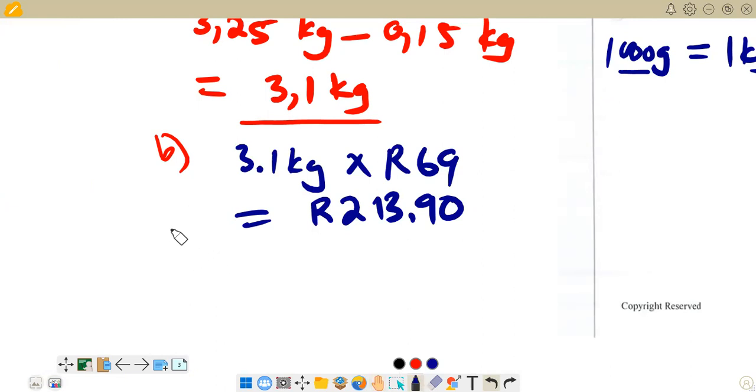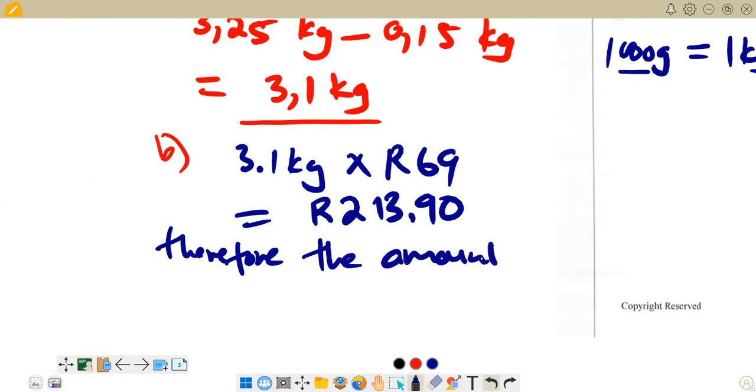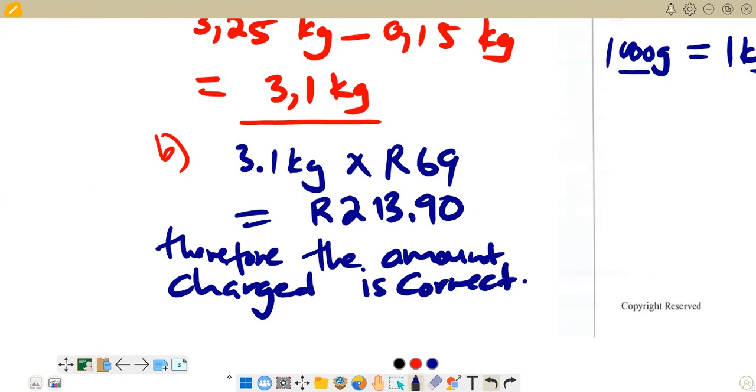So you can just say therefore the amount charged is correct.